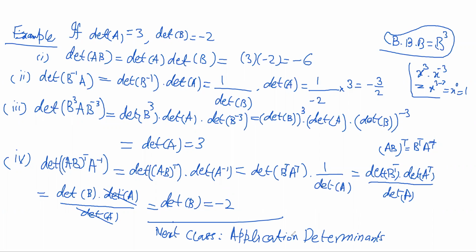The application of the determinant is mainly to find the solution of a system of linear equations by Cramer's rule, and also to find the inverse of a matrix using the determinant. These two applications we will discuss in the next class, and then we will move to the topic of eigenvalues.